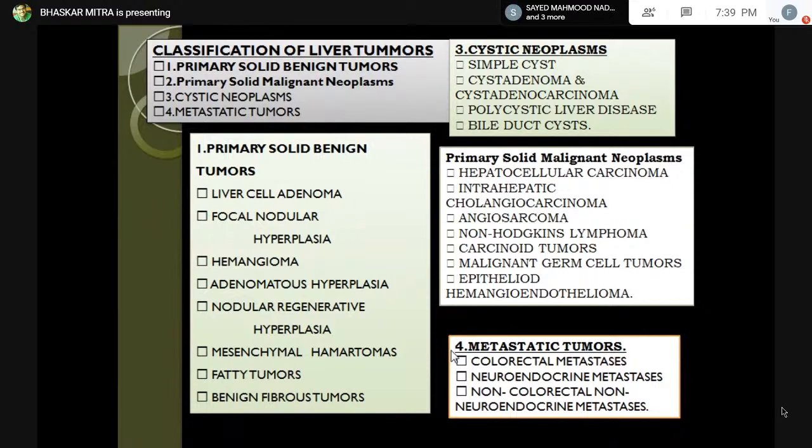Cystic: a simple cyst, cystadenoma, cystadenocarcinoma, bile duct cyst. If the lesion is solid and malignant, then comes hepatocellular carcinoma, cholangiocarcinoma, all those carcinomas, lymphomas. Or there may be small solid nodules that cause metastatic tumors, multiple nodules.